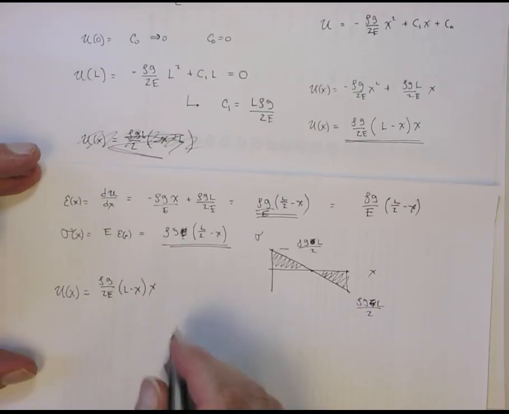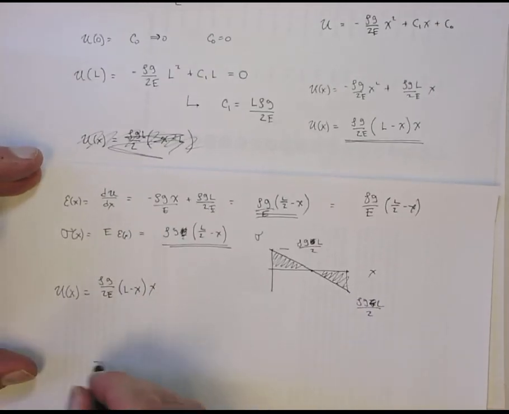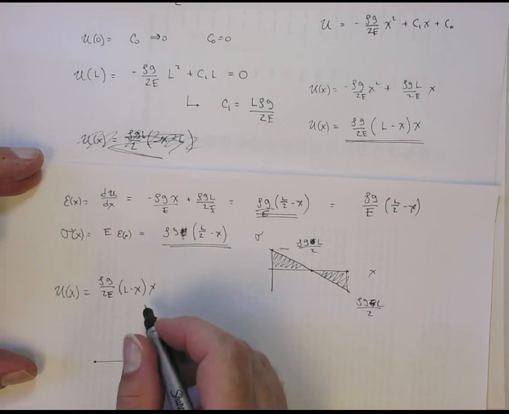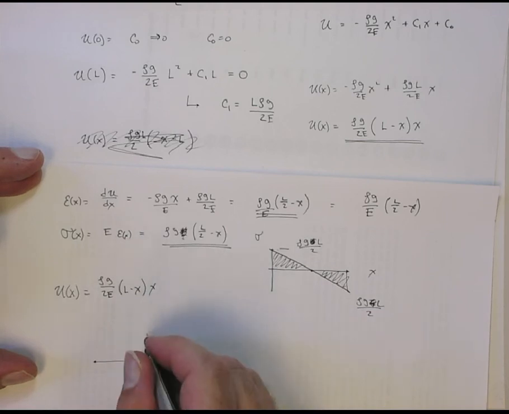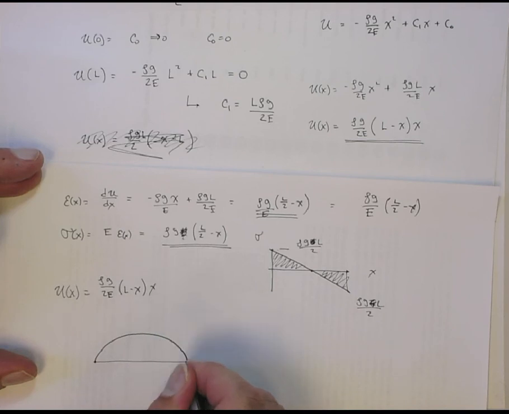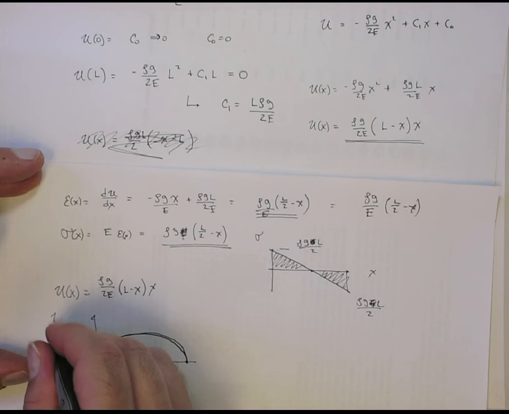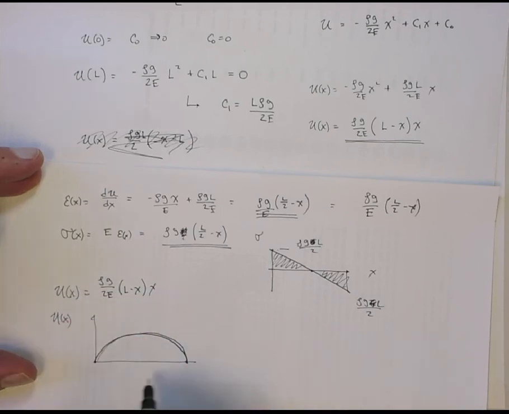So the displacement has this quadratic form, vanishes at the ends, and then at the middle, where it's L on 2, I get L on 2 squared type of thing, so it actually looks like this. All right, so it stretches the most at the midpoint and then kind of quadratically tapers off to 0 at the ends.